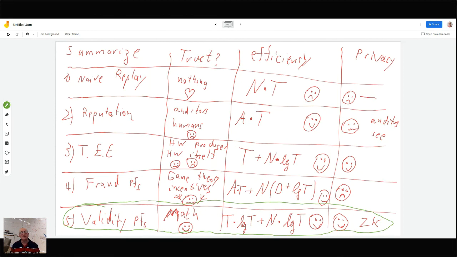So even the simplest of the solutions, the naive solution, which is naive replay, could be attacked for being maybe not trustworthy in terms of the math and the implementation. Certainly that's the case for reputation, for trusted execution environment, for fraud proofs, and for validity proofs. Yeah, so someone could argue this. But I think the discussion and comparison here, I should have made this as an assumption.